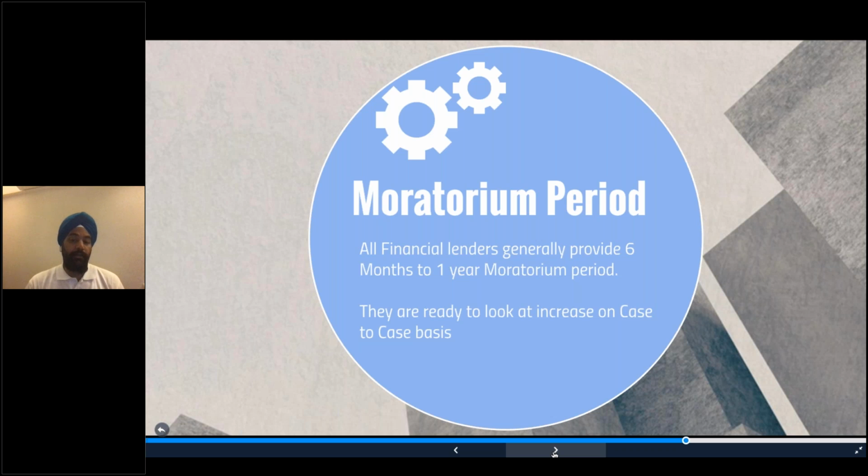They were ready to increase the moratorium period on a case-to-case basis. That was an important thing which came on board. And that's where all of you who are passing out this year need not worry about repayment of education loans at all. You still have a year to start your repayment.